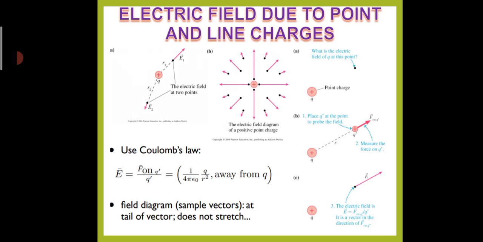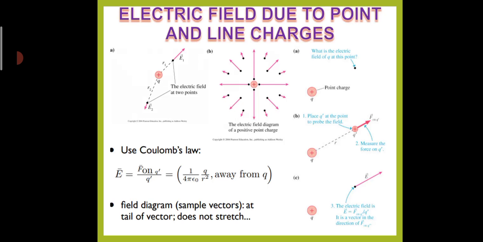According to Coulomb's law, the force experienced by charge Q2 due to charge Q1 is F equal to 1 upon 4 pi epsilon 0 Q1 Q2 divided by r square. The electric field E is equal to the force exerted per unit charge. It is a vector quantity, and the direction of this vector is along the line joining Q1 and Q2.